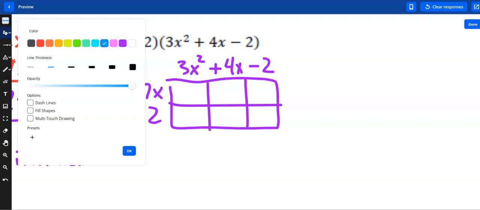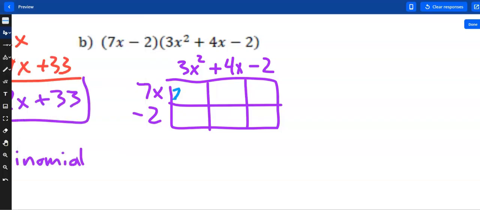But it is completely up to you how you do this, like 21x cubed, 28x squared, minus 14x, minus 6x squared, minus 8x, and a positive 4.